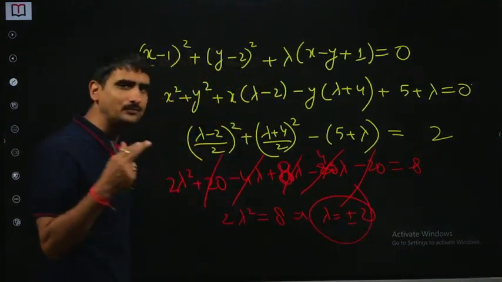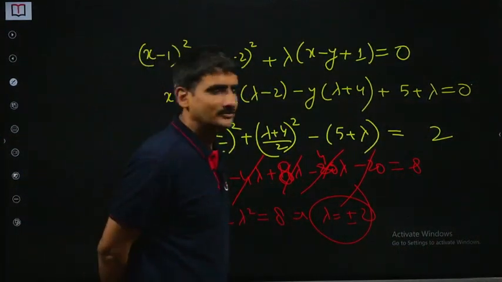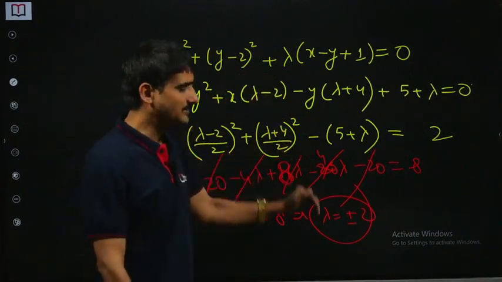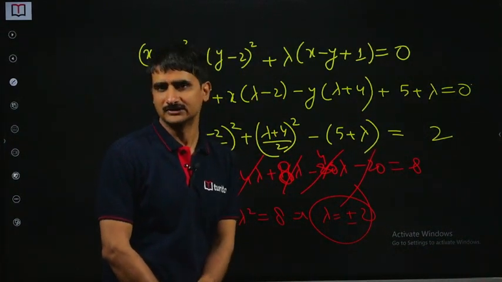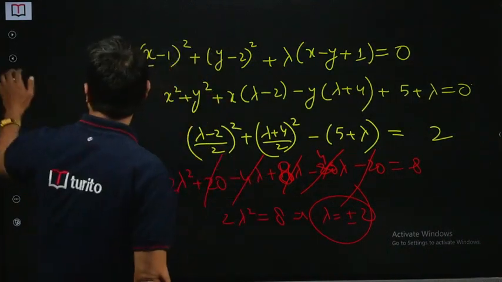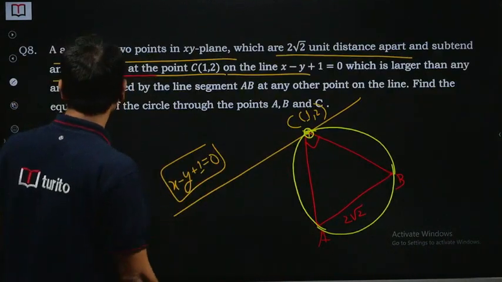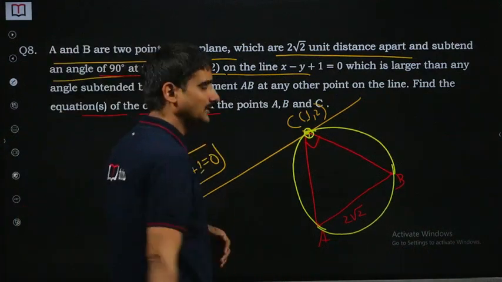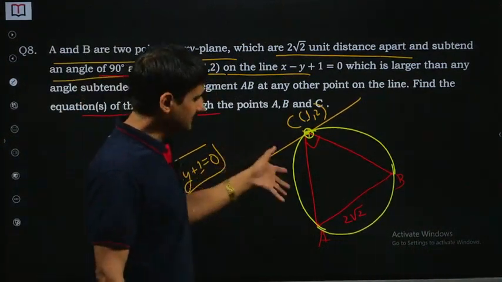These are the two possible circles: for lambda equal to 2 and for lambda equal to minus 2, you can have such two circles, and that's it. So you will get the answer. That's how I tried this question.